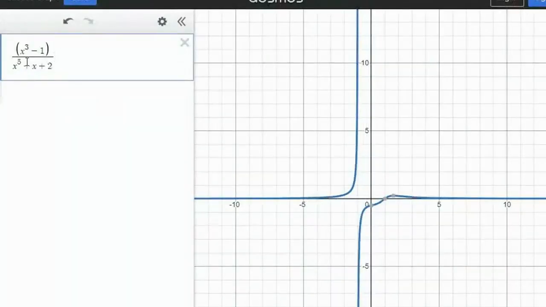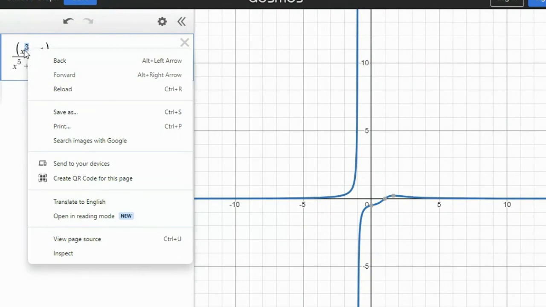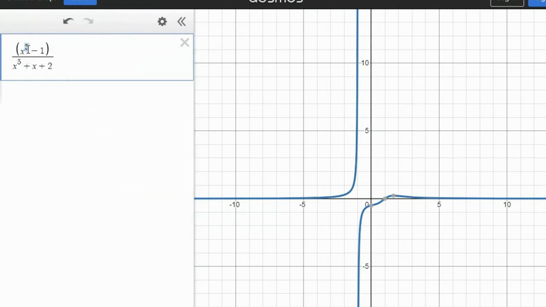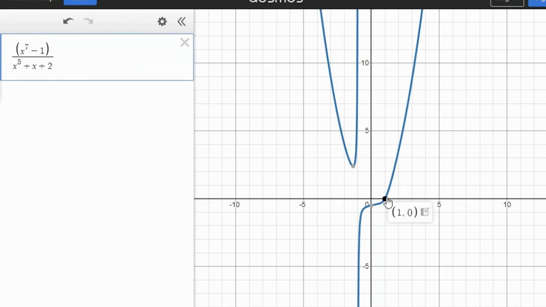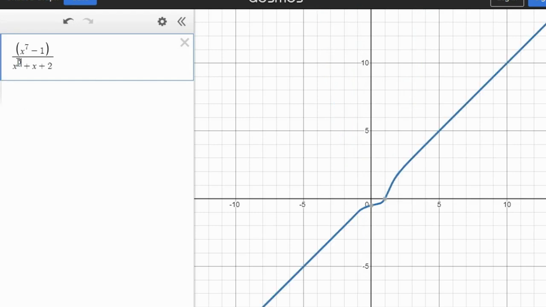Go back here and change this to x to the 7th up here on top, so it's larger in the numerator. Now look, there's not one. See, because this will go up, and this goes down. There's no horizontal asymptote. There's no value of y that it never touches. Now this piece over here looks a little funny, and that's due to a vertical asymptote that it's not touching. There's still a vertical asymptote, but we don't have a horizontal asymptote. We change this on the bottom to the 6th.